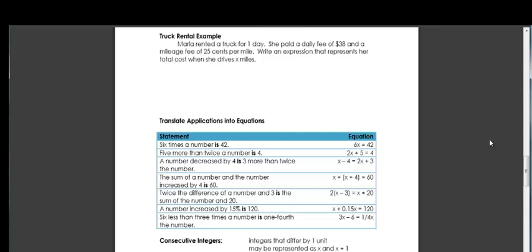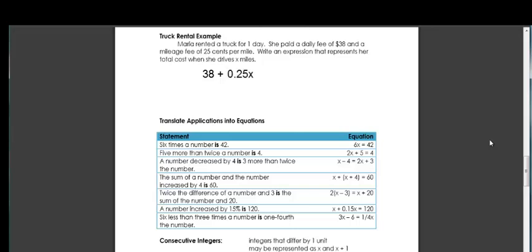But we need to figure out what that would be. So it says she paid a daily fee of $38. So that means regardless of if she drives the van or not, she's gonna pay $38 for every day. So you should have a 38 plus. And then how much does she pay per mile? She pays 25 cents per mile, and it tells us to use X as our miles.